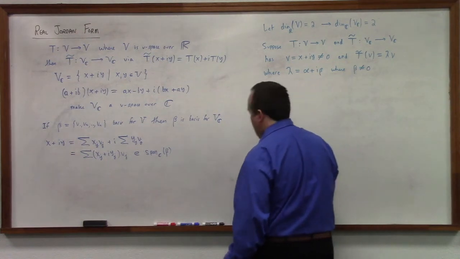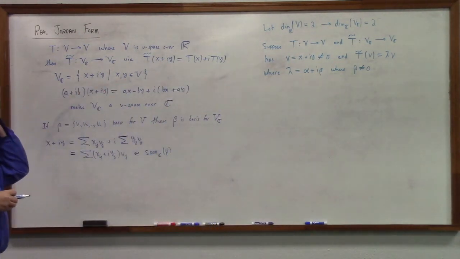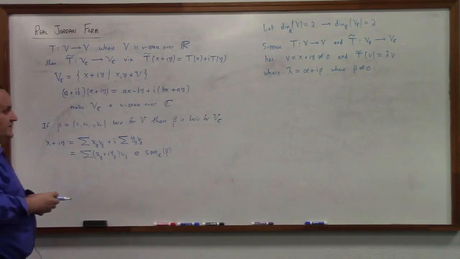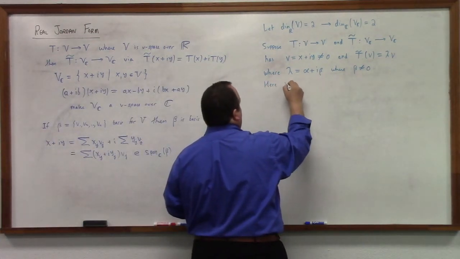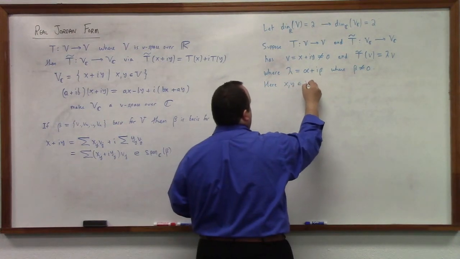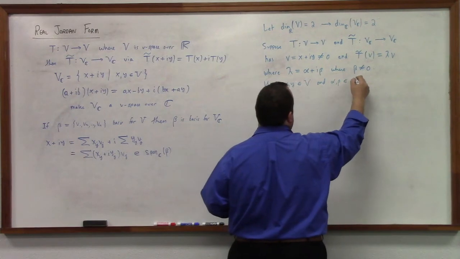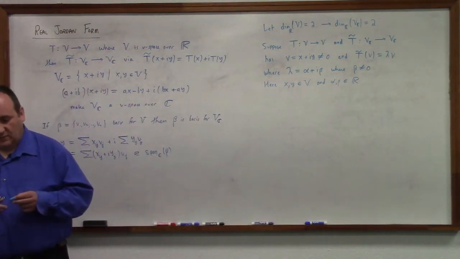And of course I'm assuming alpha and beta are real. Okay, so we have a genuine complex eigenvector with complex eigenvalue lambda. And I'm assuming that x and y are the real part and imaginary part of the vector v. So here, x and y are elements of V, and alpha and beta are elements of the reals. So what I want to unwrap here for us is, what does it mean?